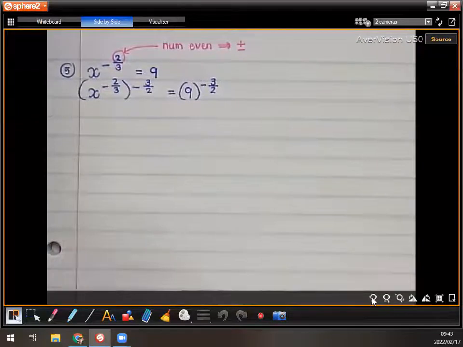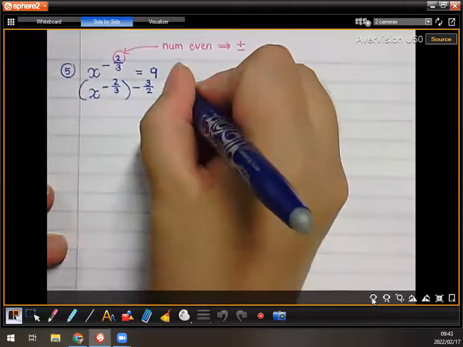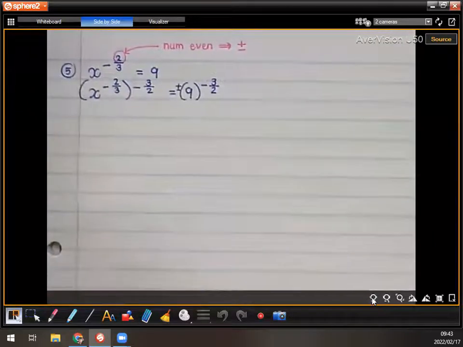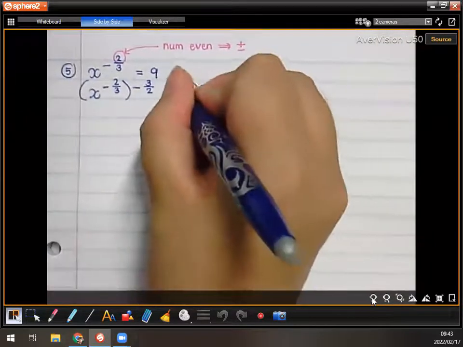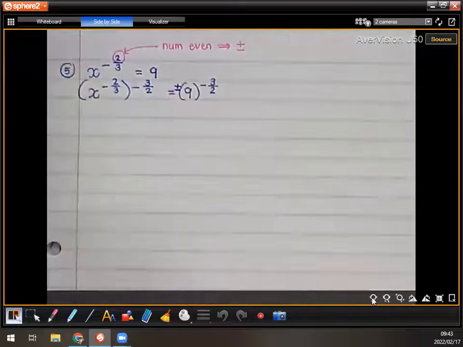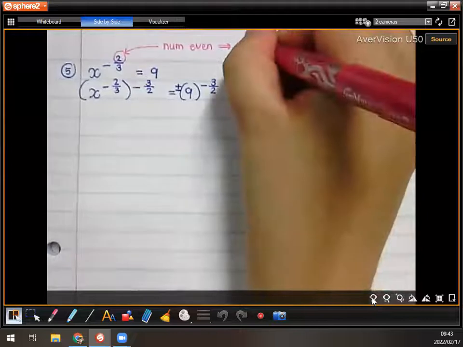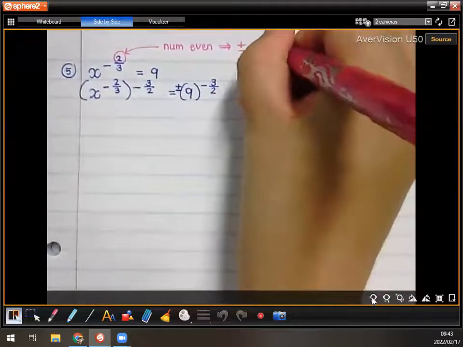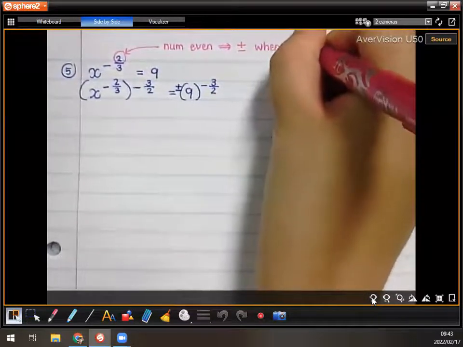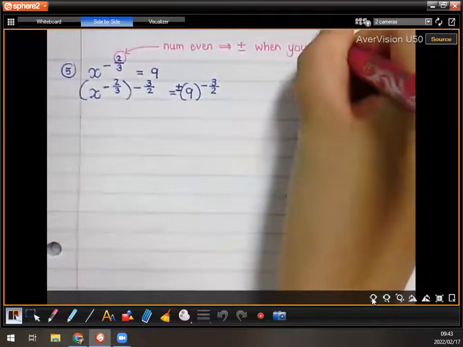Oh, and I already forgot something. The plus minus, just squeeze it in. Sorry. Highlight it so that we don't forget it again. Let's add to this note: plus minus when you raise both sides.